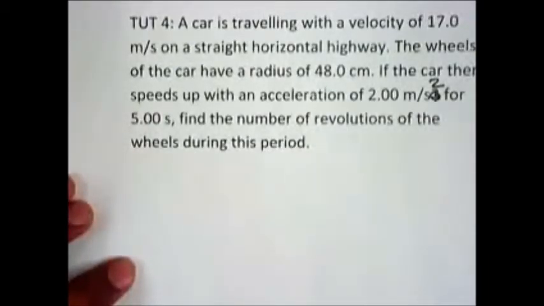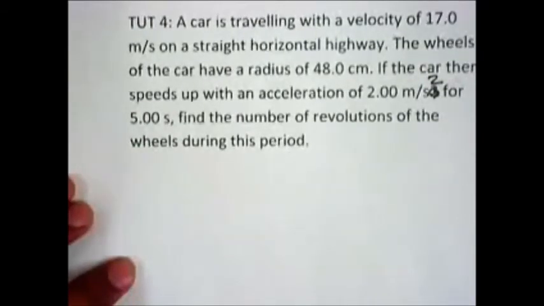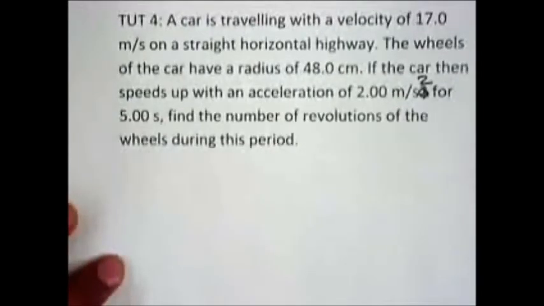If we read this, it says a car is traveling at 17 meters per second on a straight highway. The wheels of the car have a radius of 48 centimeters. If the car then speeds up with an acceleration of 2 meters per second squared for 5 seconds, find the number of revolutions of the wheel.